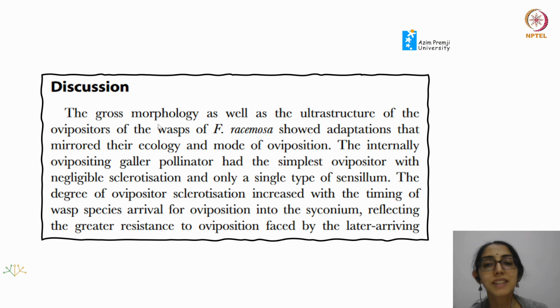Okay, so what is this saying? Can we translate it to ourselves, right? They're talking about the gross morphology, so the shape and size, and the ultrastructure, meaning if you look at the ovipositors really closely, they actually show adaptations, meaning that they have somehow evolved, let's say, that match their ecology and mode of oviposition.